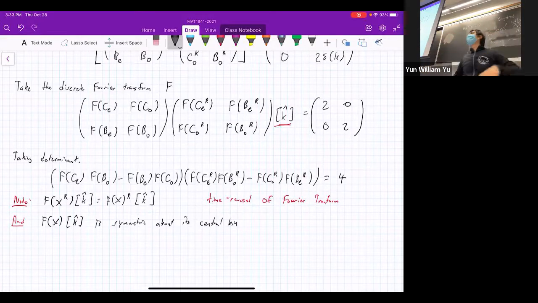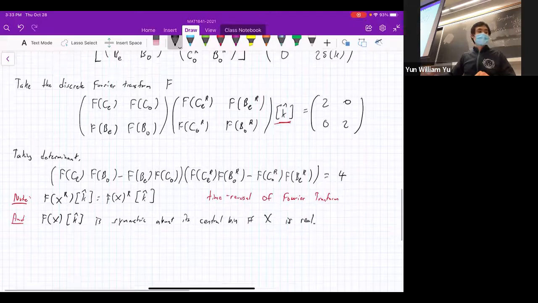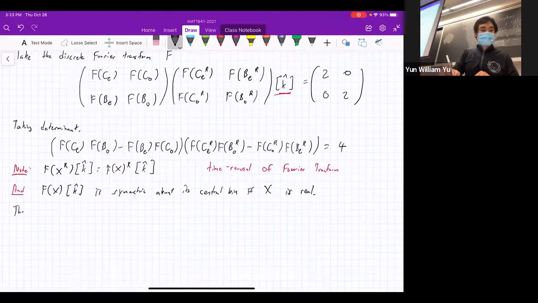Fourier transforms map from complex to complex vectors, right? It turns out that if one of your vectors is entirely real, when you do the Fourier transform, the vector that it gets sent to is symmetric. This is a well-known property of Fourier transforms, which I may also do tomorrow since I'm getting some blank stares. But basically, it's symmetric about the central bin if x is real. And together, this means that these two things are equal.